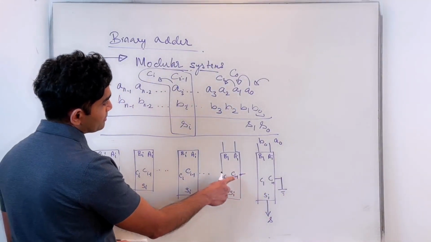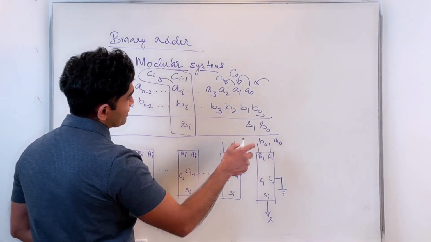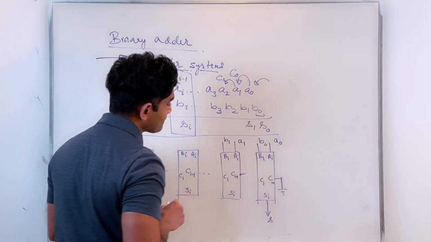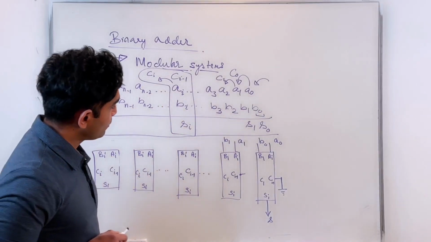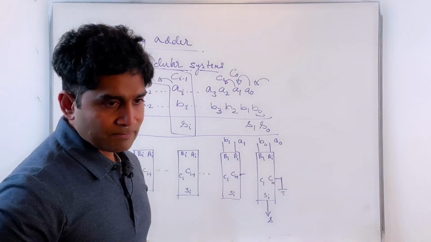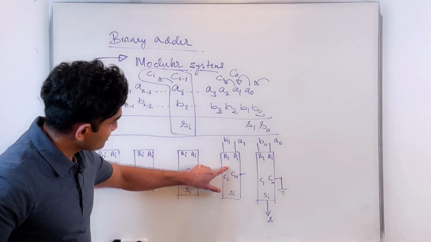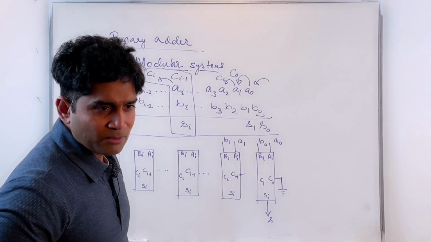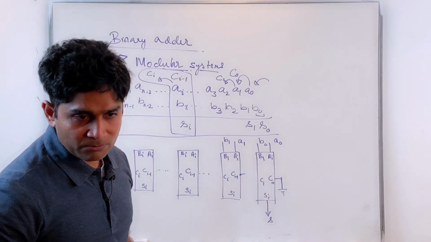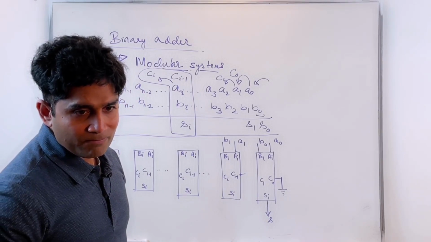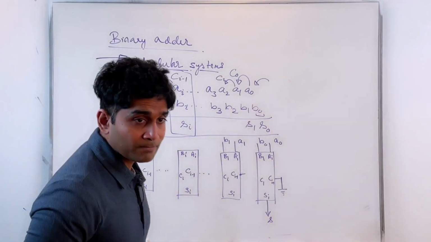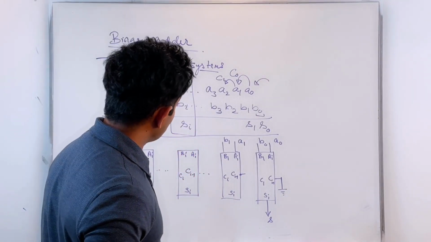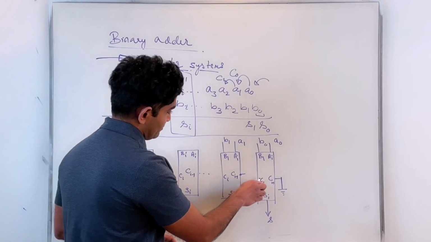And then for the second bit position, I would have as the input A1, B1. What about this CI minus 1? What should I be attaching that to? Where would I get that CI minus 1 input? From here, right?